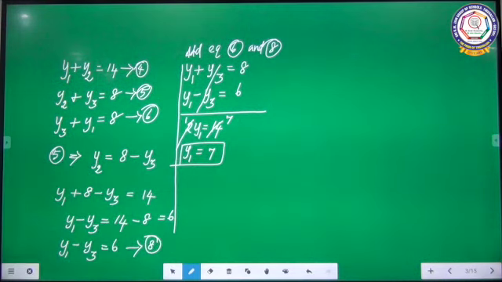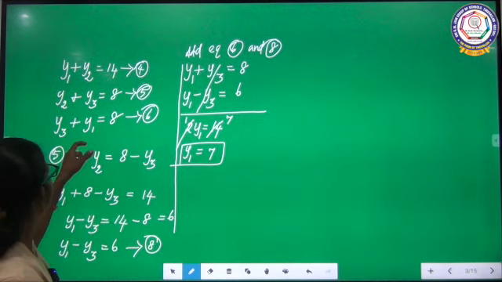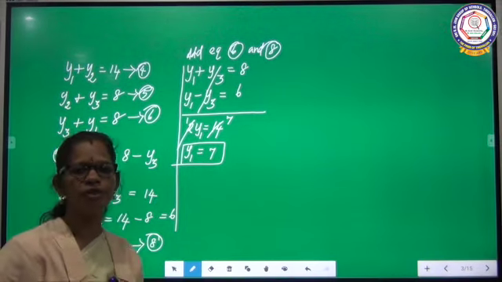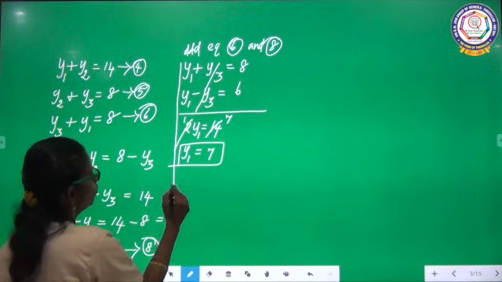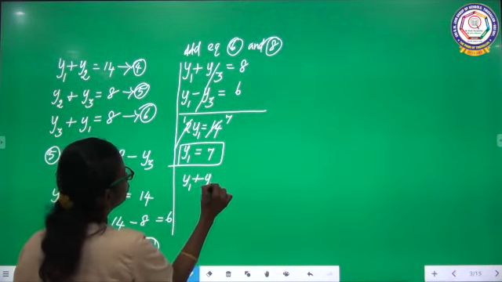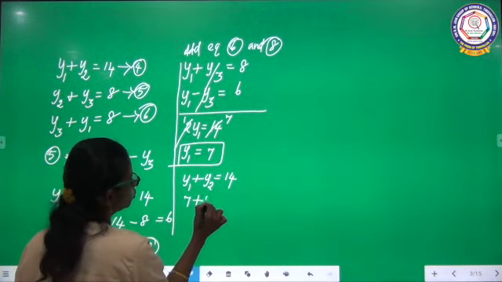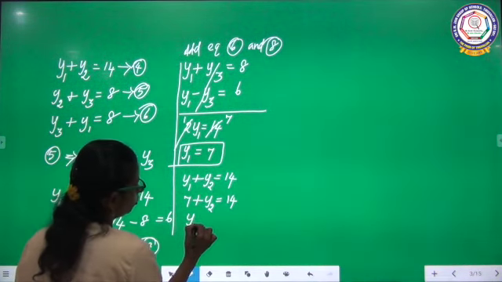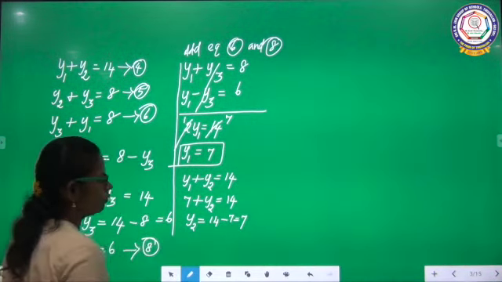y1 equal to 7. Then you substitute y1 equal to 7 in equation number 4 and 8. You will get the result as y2 and y3. Right. y1 equal to 7 in equation number 4. y1 plus y2 equal to 14. 7 plus y2 equal to 14. y2 equal to 14 minus 7 equal to 7.